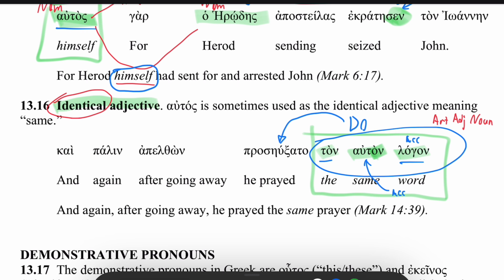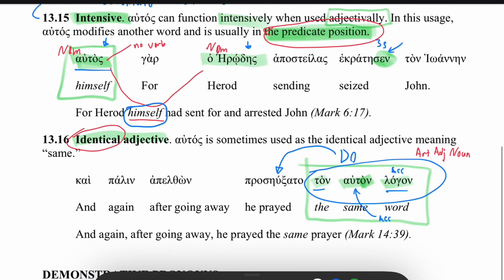But the word itself is emphasizing the word, intensifying the word, I guess you could say, whereas the identical use is probably referring back to something previous, the same word. So again, having Paul in there clues us into, okay, I have to look previous into the context if I'm going to fully understand this sentence.